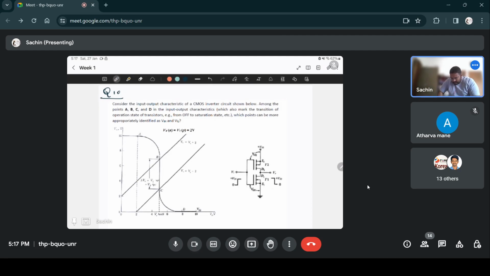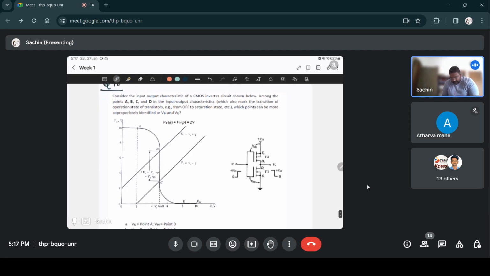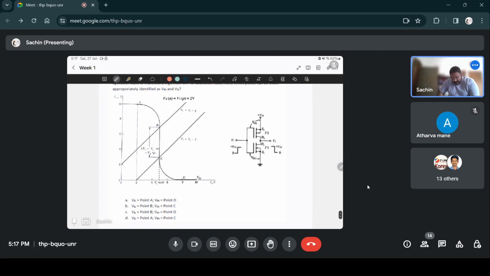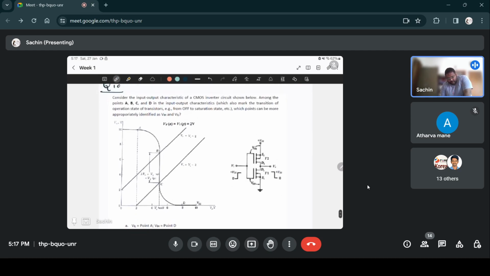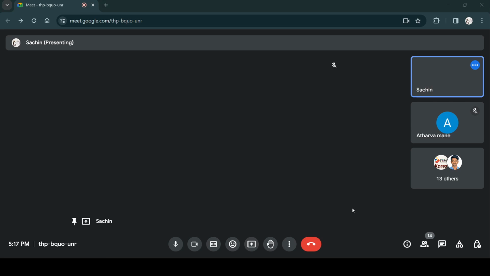Okay, I hope you thought about it. Here the answer is for VIL it's point A, and for VIH it's point D, because only below point A is this transistor T1 fully off, and in the region between A and B, T1 is not off. T1 will be in saturation.